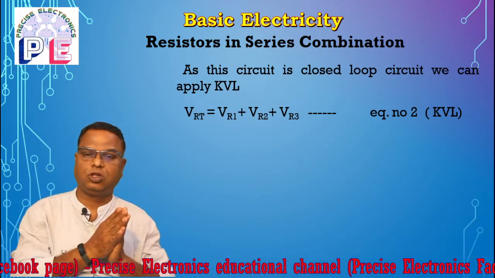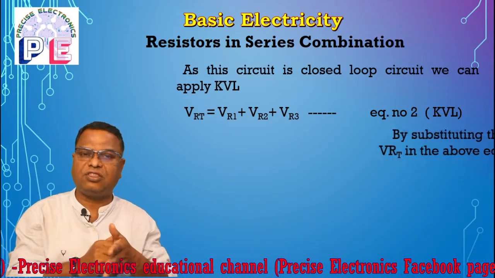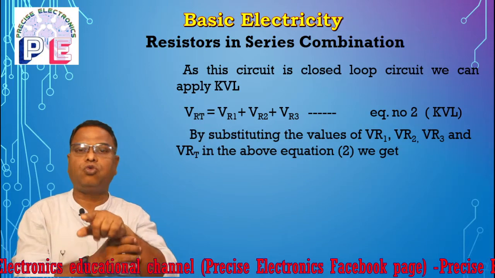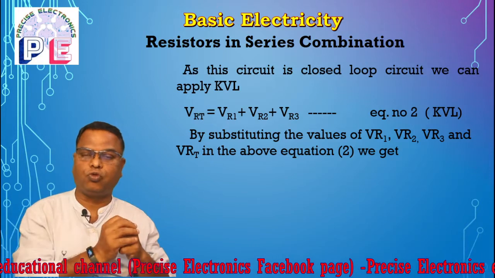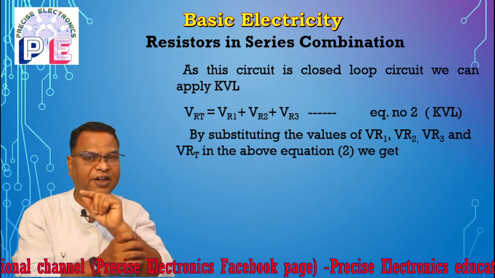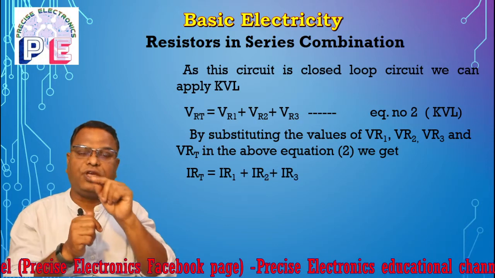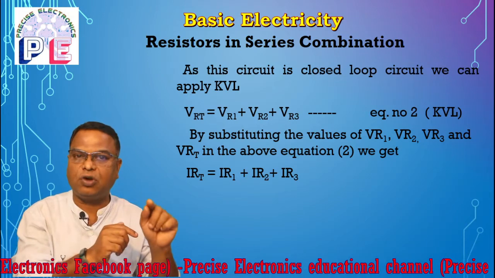By substituting the values of VR1, VR2, VR3 and VRT in equation number 2, we get IRT. What is VRT? That is I into RT. VR1, VR2 and VR3 are I into R1, I into R2 and I into R3 respectively.